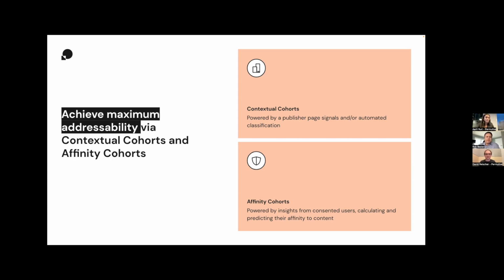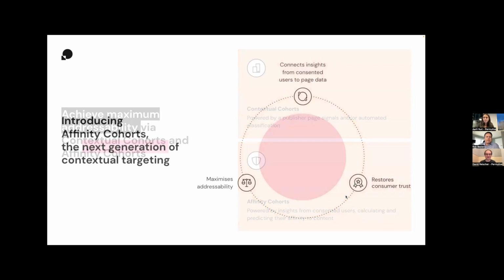Great. As I said, I'd really like to deep dive into affinity cohorts. The idea with affinity cohorts is that publishers can leverage the insights from their first-party consented audiences and understand their affinity to specific cohorts.